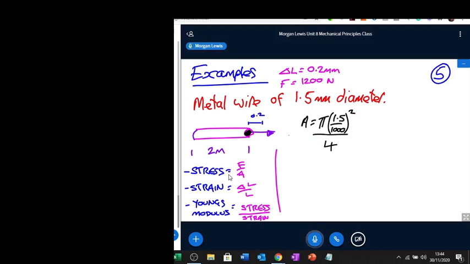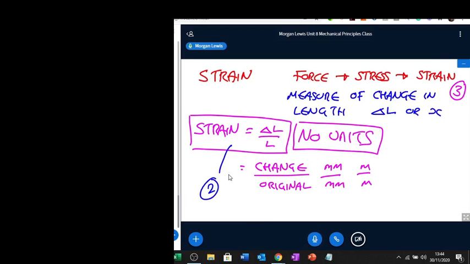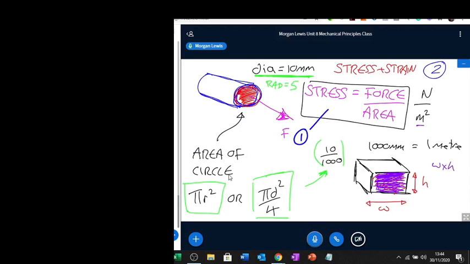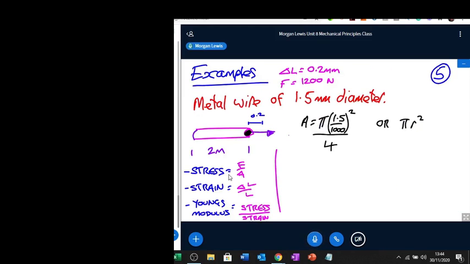That, or you could use pi r squared, is up to you, as long as you make sure you get that correct. So diameter is 1.5, I'm just using pi d squared over 4, so I haven't got to bother dividing the diameter by 2. So 1.5 divided by 1,000 to get that into meters. We'll square that, times it by pi, and divide it by 4.